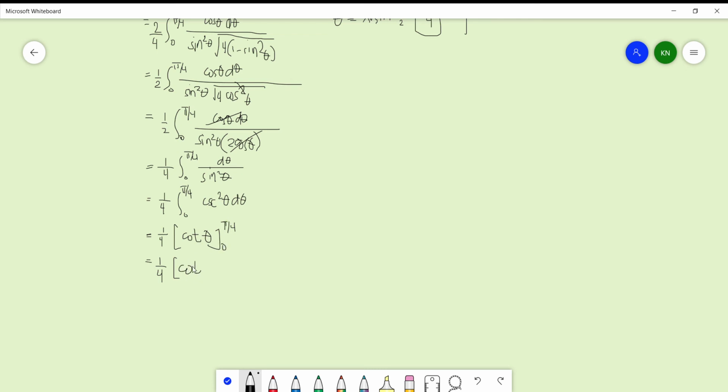So we have cotangent pi over 4 minus cotangent 0. To calculate that one, that is equivalent to negative 1 over 4. So meaning to say, our final answer is negative 1/4.